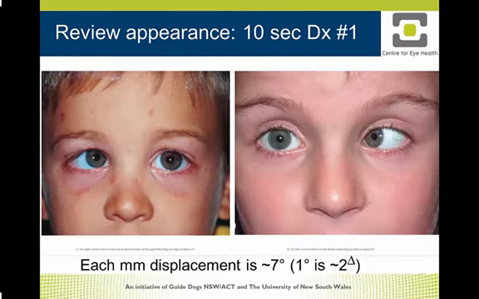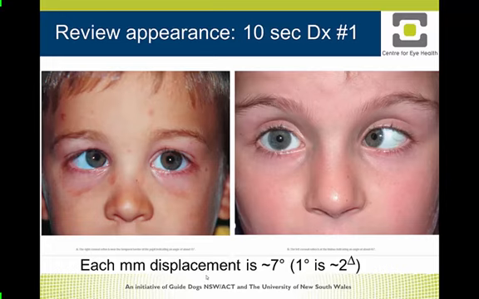And what we'll go through is this concept of having a diagnosis or differential diagnosis. This case number 1 is simply showing two children that have an esotropia. You can see the displacement of the reflex, more so in the image on the right than on the left.